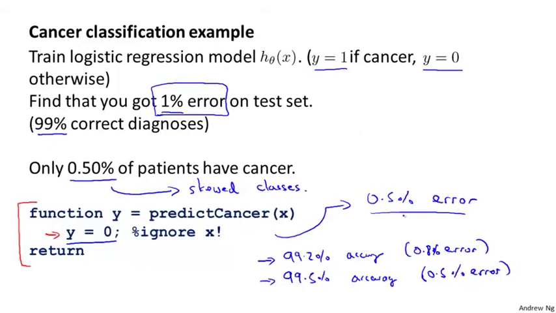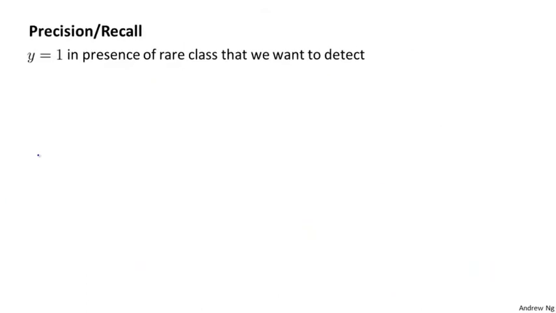But just predicting y equals 0 more often can bring your error down to maybe as low as 0.5%. When we're faced with such skewed classes, therefore, we would want to come up with a different error metric or a different evaluation metric. One such evaluation metric is what's called precision recall. Let me explain what that is.